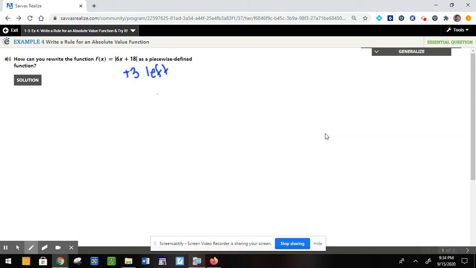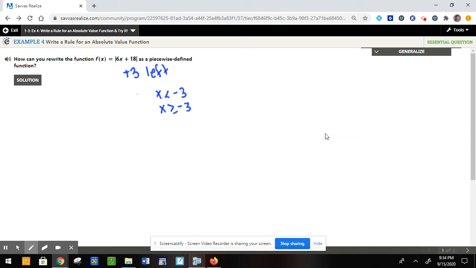So we first have all the x values that are less than negative 3, and we have all the x values that are greater than negative 3. Okay. I guess you could pick one to have the negative 3 be part of it. It doesn't really matter. It's one or the other. It technically can't be both. But it doesn't make much difference which one it is, honestly.